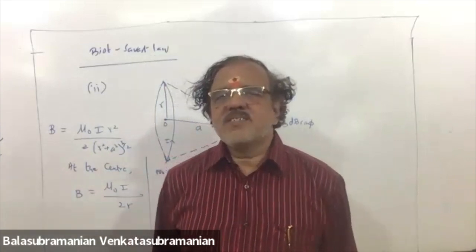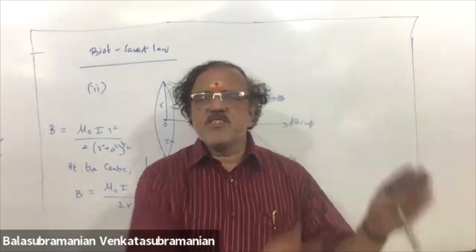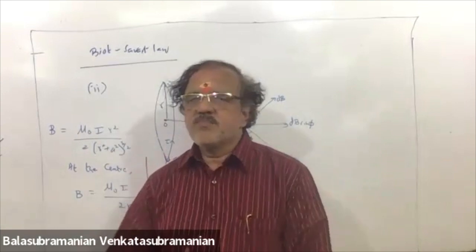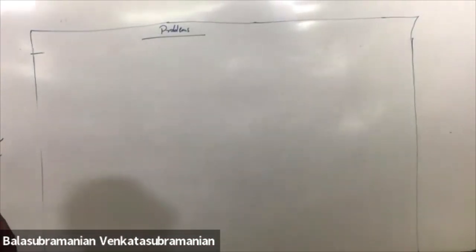This is the Biot Savart Law, second application. So keep this Biot Savart Law and its application. We'll work out some problems. First problem: a current of 10 ampere is flowing in a long wire kept horizontally in the east-west direction.